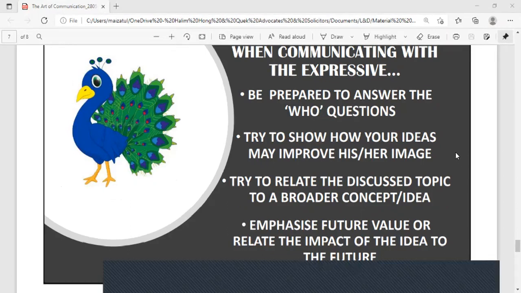For your information, these expressive people can be really dramatic, like a drama queen. They love to give ideas. They love attention, or are attention seekers.